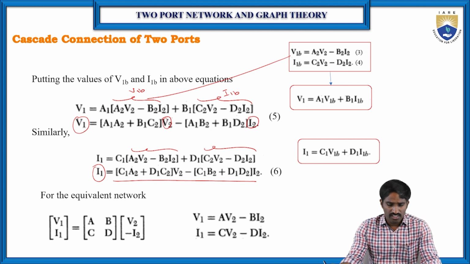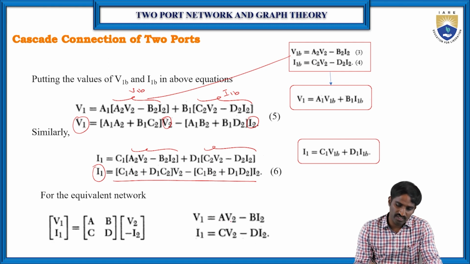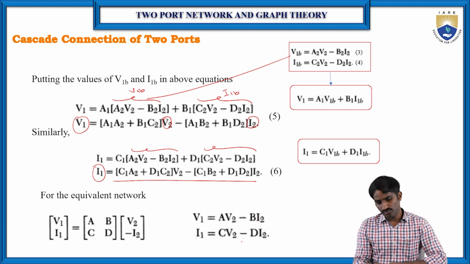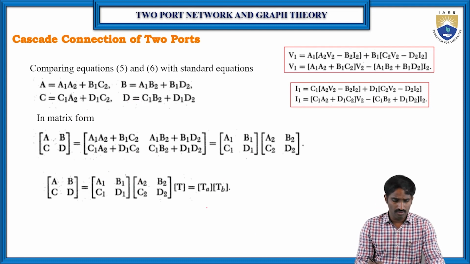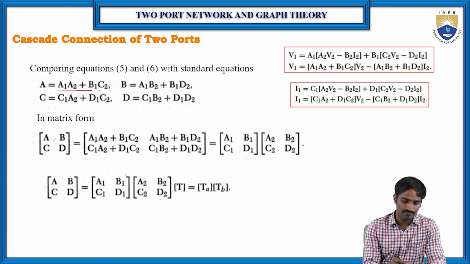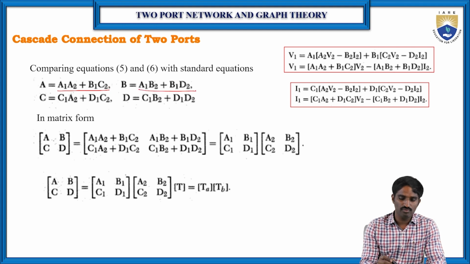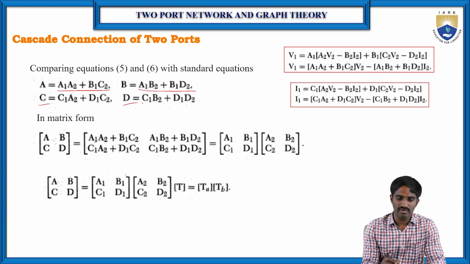Then for the equivalent network, the equations are V1 is equal to A into V2 minus B into I2, and I1 is equal to C into V2 minus D into I2. Comparing equations number 5 and 6 with the standard equations, you will get A equal to A1 A2 plus B1 C2, and B equal to A1 B2 plus B1 D2, and similarly the C and D values.